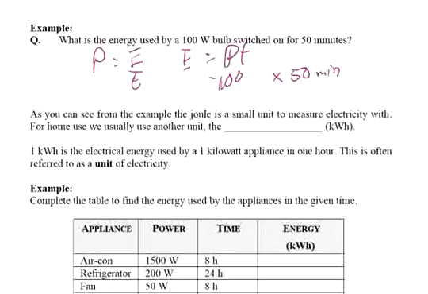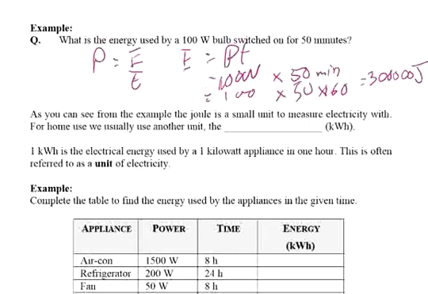Now we don't want to have it in minutes, we need to have it in second if we want to find electrical energy in joules. So this one will be 100 times 50 times 60 to become second. So the answer will be 300,000 joules.